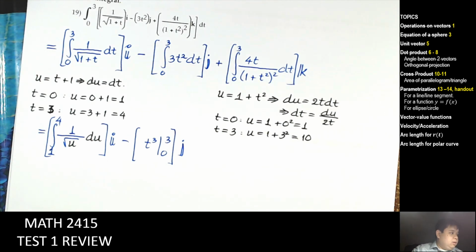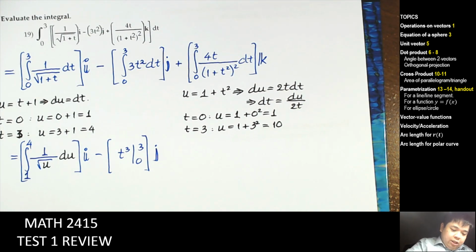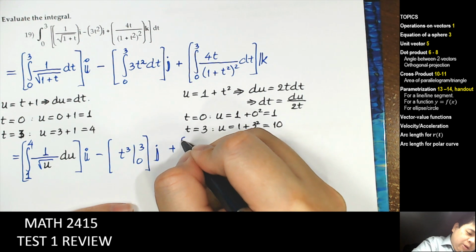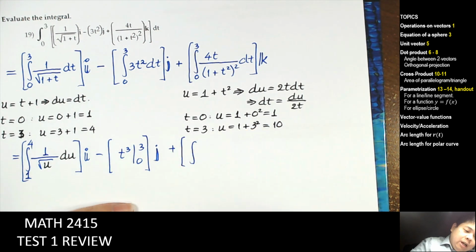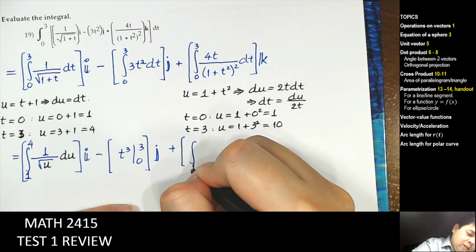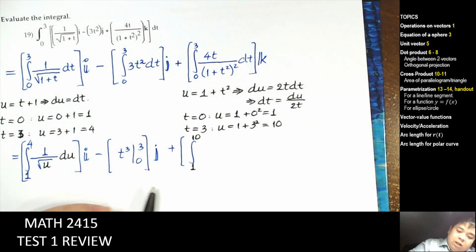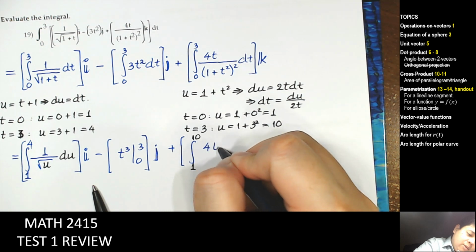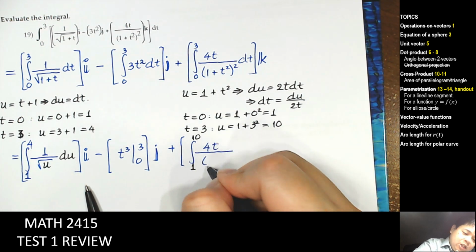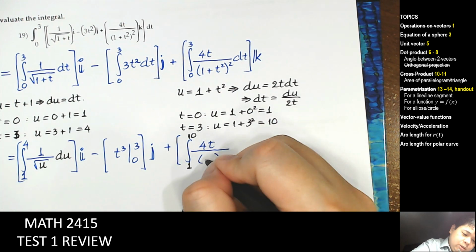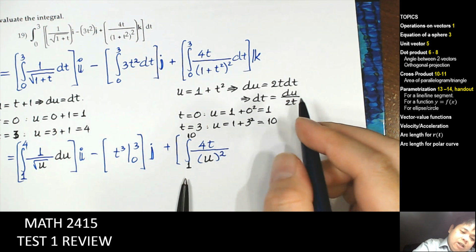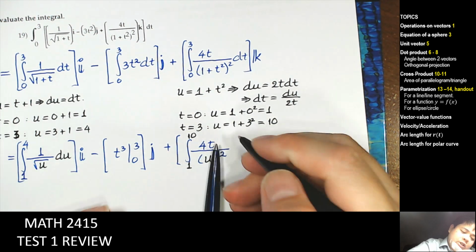Okay. So that integral, instead of going from 0 to 3, will go from 1 to 10. Still have 4t there on the top. The bottom, 1 plus t squared, that is u squared, and dt is du over 2t.